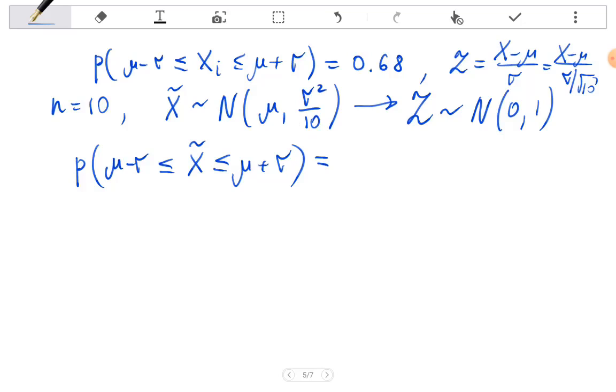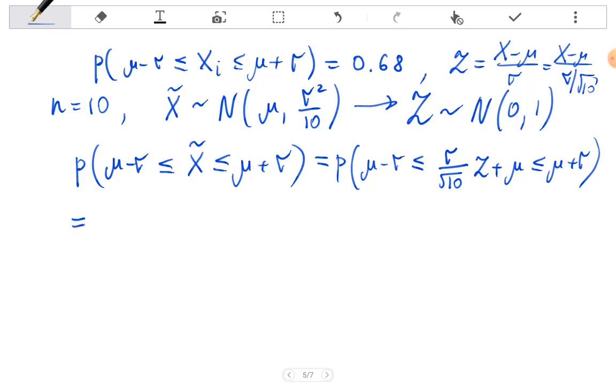Okay, so now we are interested in this question, and this is the probability of mu minus sigma, and we replace x with z. This is sigma over square root of 10 times z plus mu, right? And this is the probability that we take mu away from everywhere, right? And we get minus. So here the sigma will just cancel.